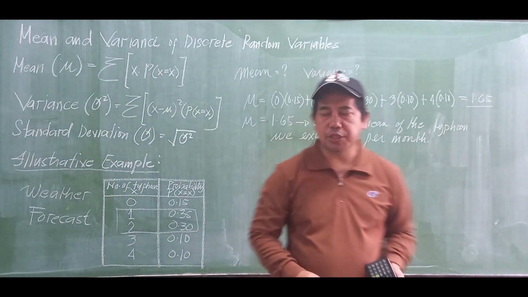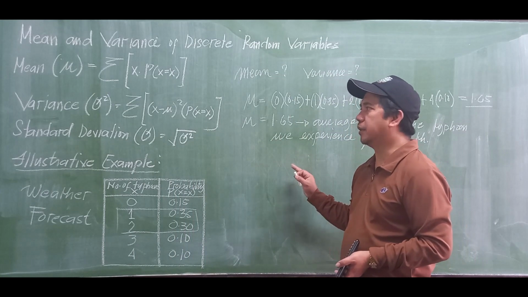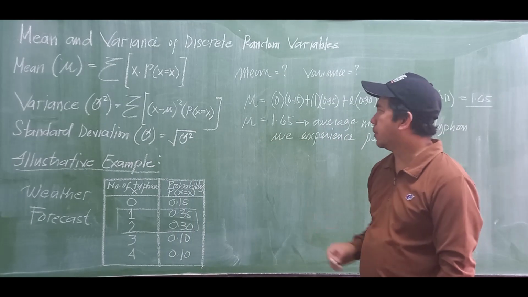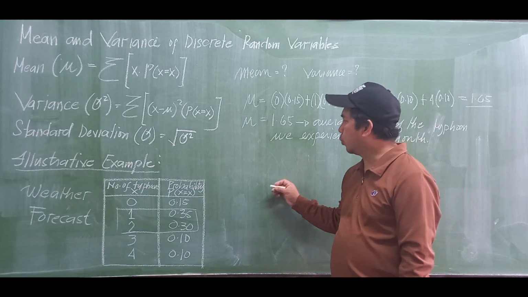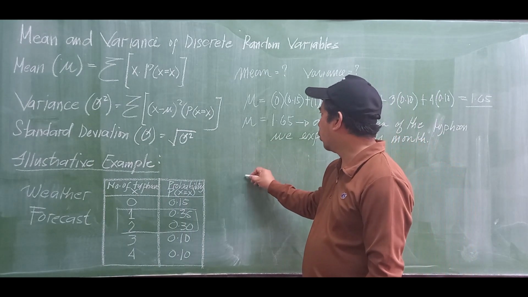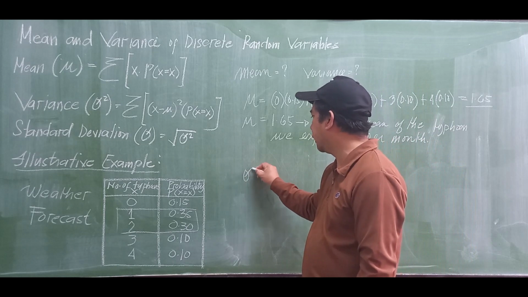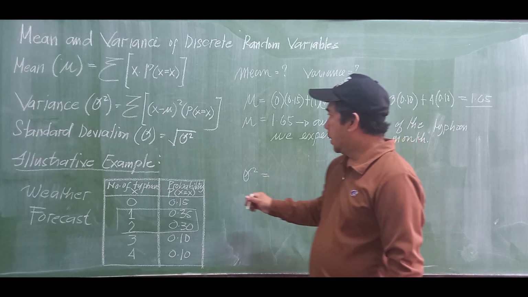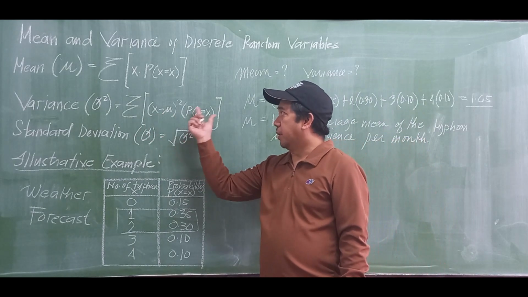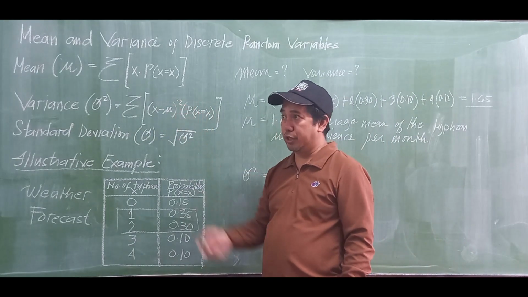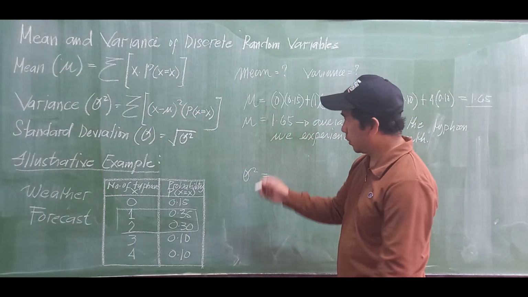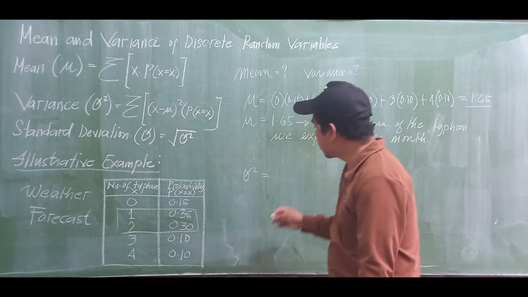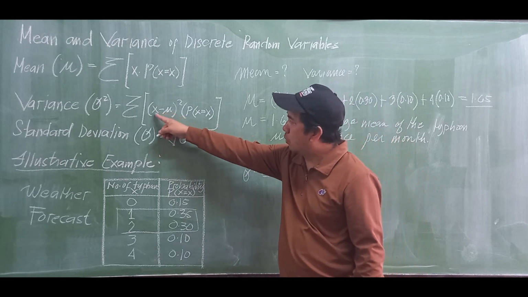Now, another one is, what is the variance? What is the variance of the given problem? So the same, when we are going to have the variance, we make use of this in here. Okay, so the variance is equal to the sum of this product. So how are we going to do that one? Notice that when we use this formula without a table, we say, what is our variable?